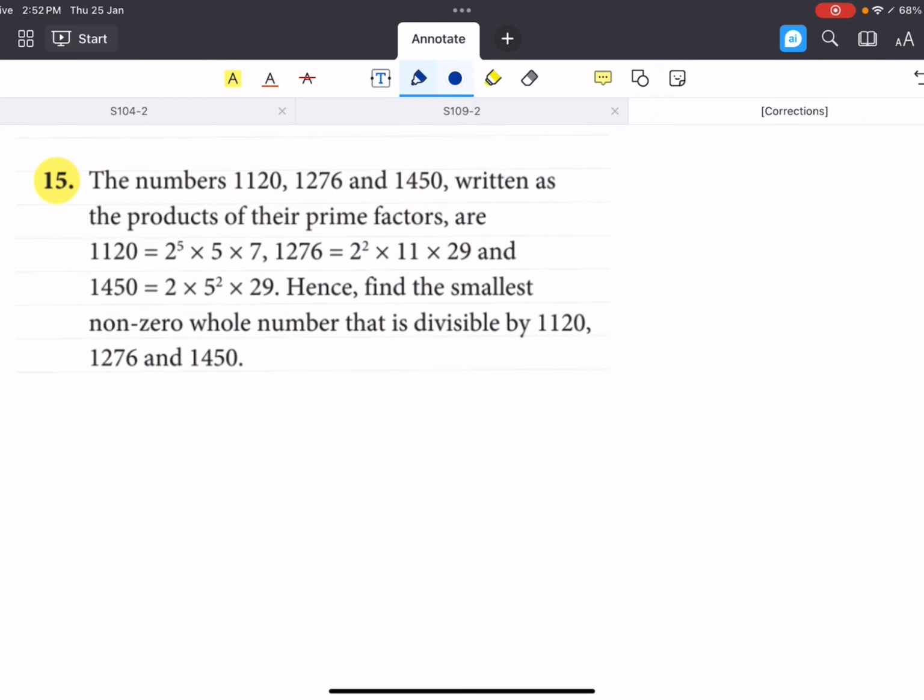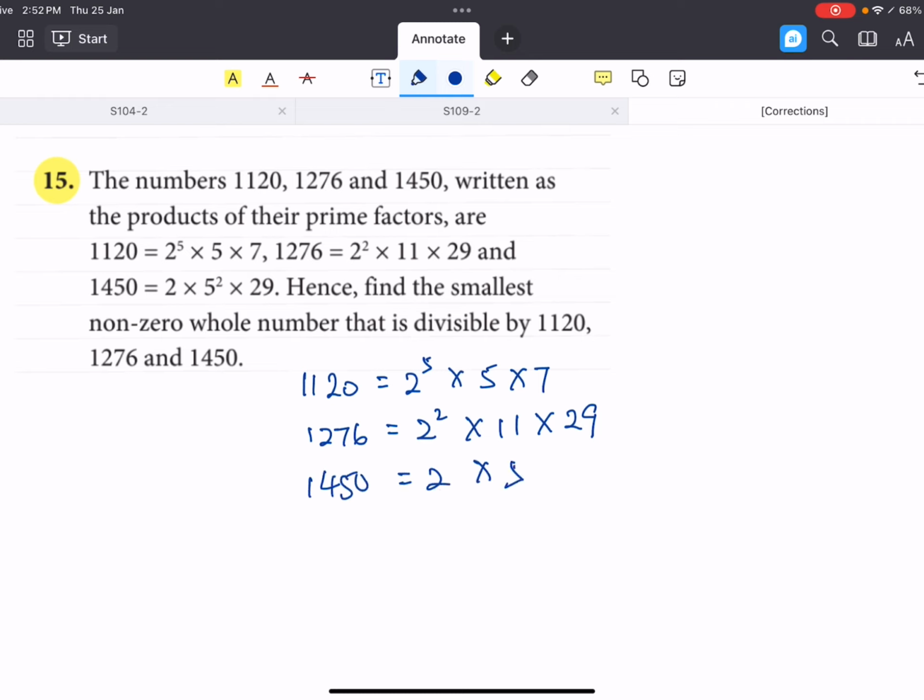So we'll just list them down again, the numbers. We have 1120 is 2 to the power 5 times 5 times 7. We have 1276, which is equal to 2 to the power 2 times 11 times 29. Then we have 1450 is 2 times 5 to the power 2 times 29. So therefore, the LCM, we will take all the multiples of each prime factor, right?